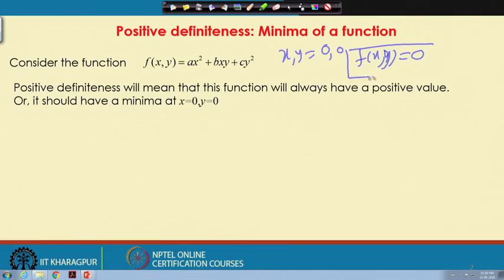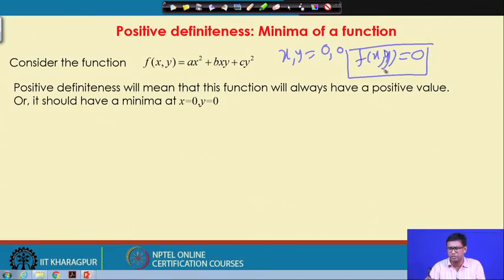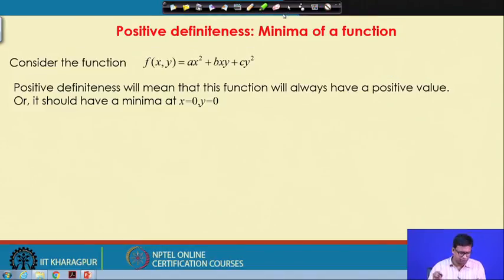In a case where f(x, y) at x equal to 0, y equal to 0 is a minima, then this is the minimal value of this function, that means every other value of this function is positive. So, the function, except at x equal to 0, y equal to 0, has a positive value everywhere. Positive definiteness will mean that the function will always have a positive value, or it should have a minima at x equal to 0, y equal to 0.